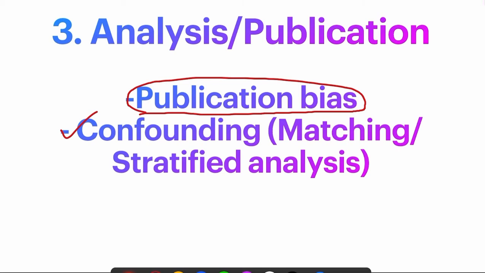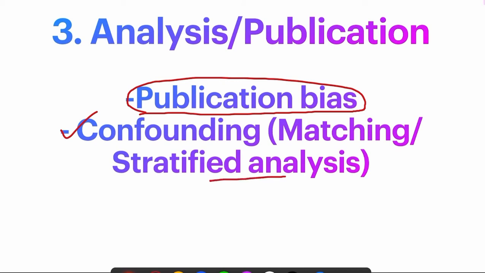A third variable, which is related with the exposure and the outcome variable and distributed unequally among the study and the control group, decides the outcome, not the exposure. So that is called confounding. It can be eliminated by matching, randomization, restriction, or stratified analysis.